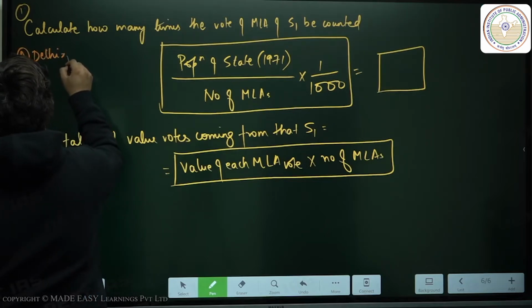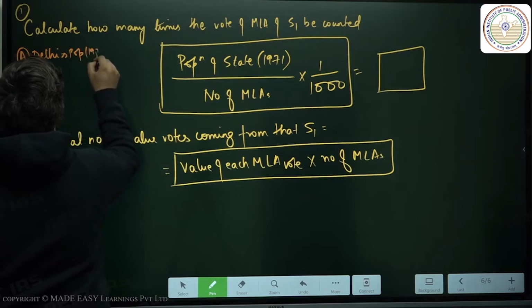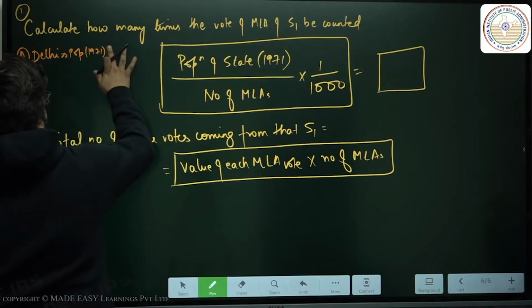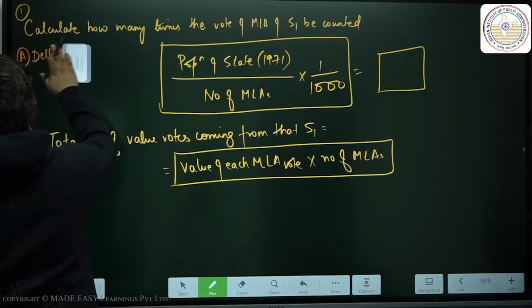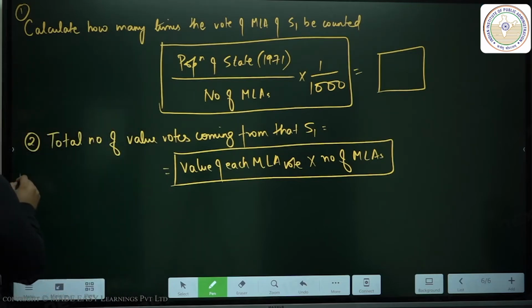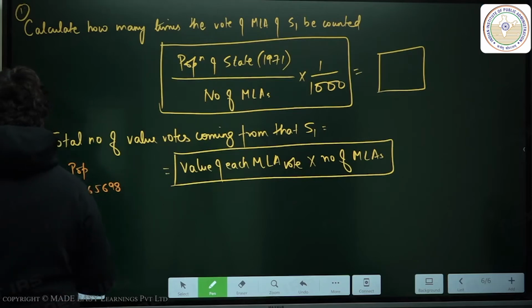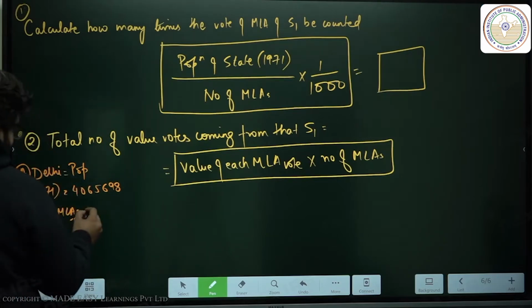So Delhi's population as per 1971 is 4,065,698 and the number of elected MLAs in Delhi is 70.